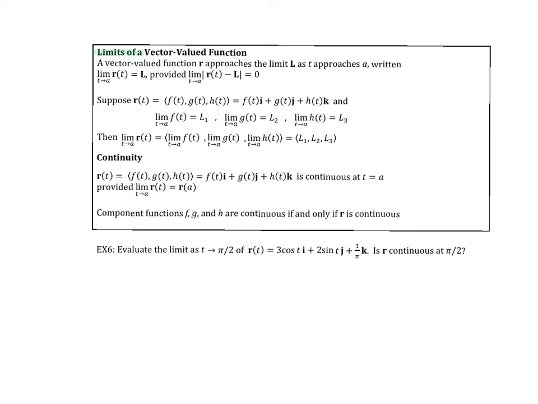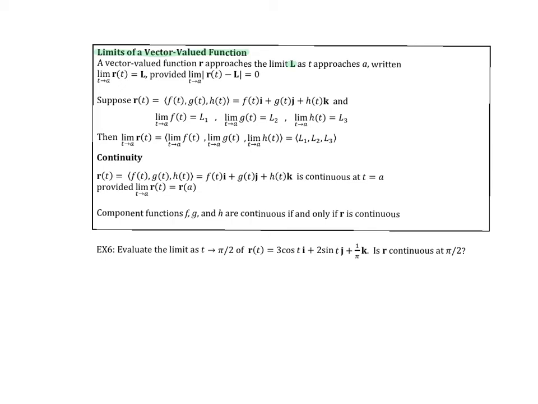So when we say the limit of a vector valued function, that would be just a vector, as opposed to a real valued function. So our vector valued function r approaches this limit. Something I want you to notice is that this limit is a vector.